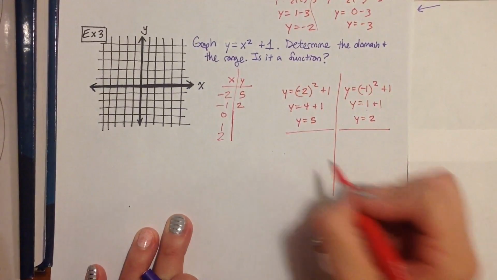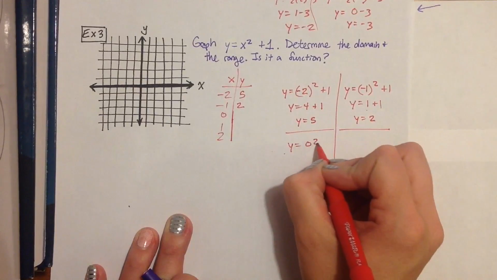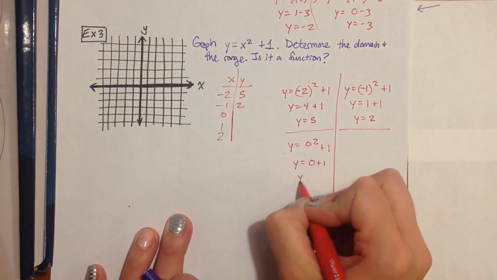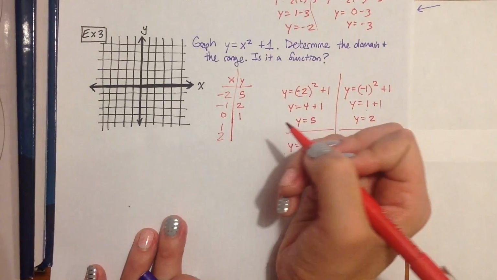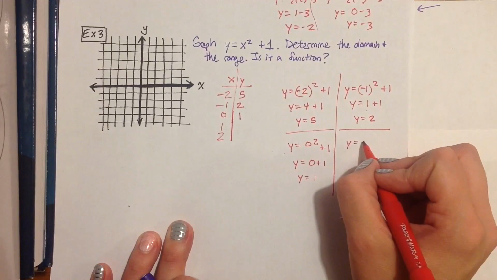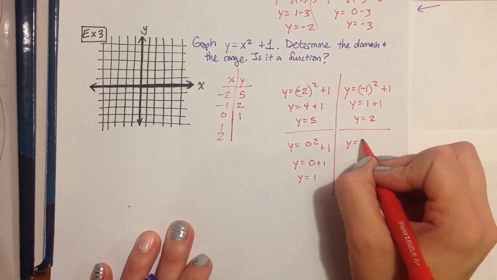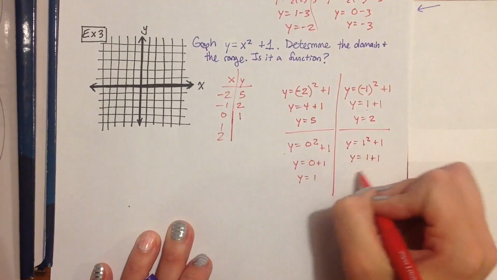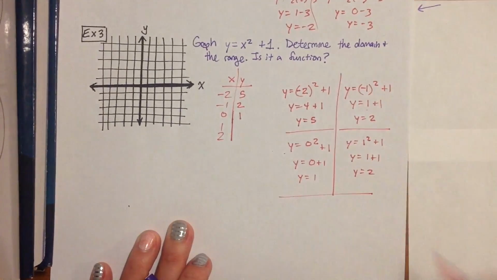When I plug in 0, I'm going to get 0 plus 1, which is just a nice 1. When I plug in positive 1, square it, add 1, I am going to get 2.